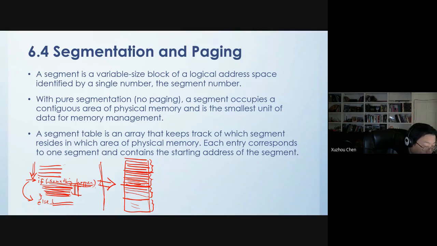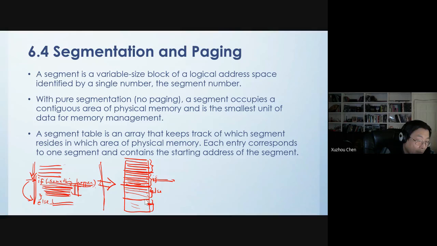Then it's possible that the if statement is here, and the else is located in another page, and the end in another page. So this whole if branch is going to be distributed across 3 page locations.